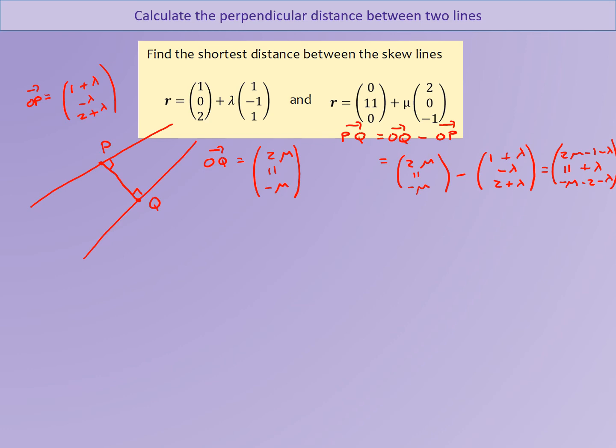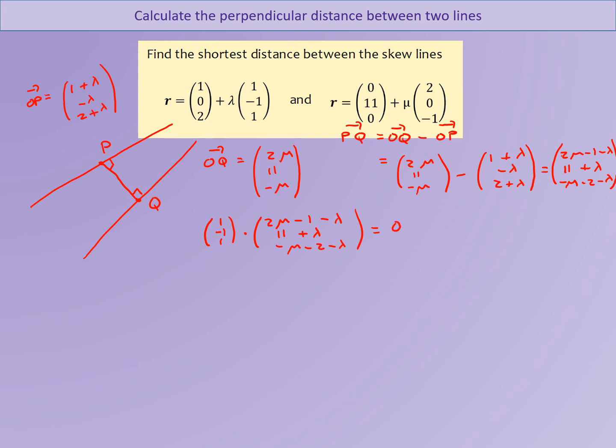So we know that PQ is perpendicular to each of the two lines, so we're going to find the scalar product of PQ with each of the two direction vectors. So for the first line, the direction vector is 1, minus 1, 1. Find the scalar product with PQ. We get 2 mu minus 1 minus lambda, 11 plus lambda, minus mu, minus 2, minus lambda, and we know that this has to equal 0.